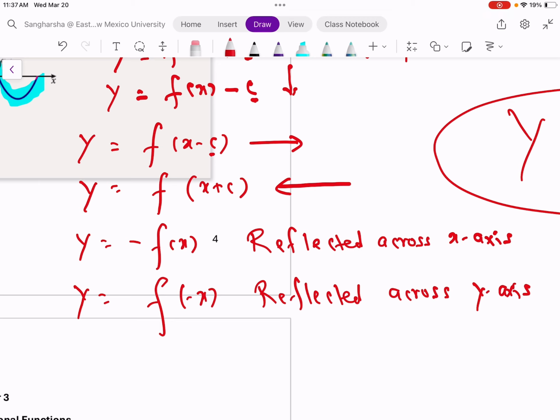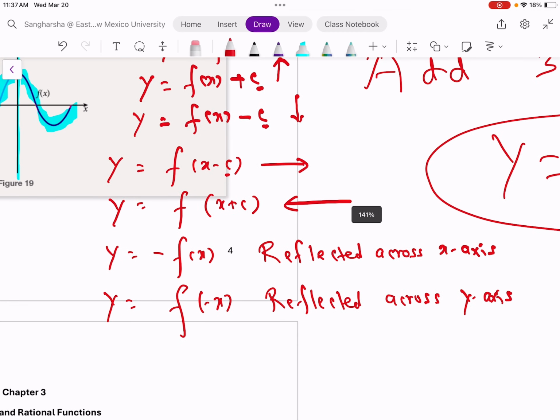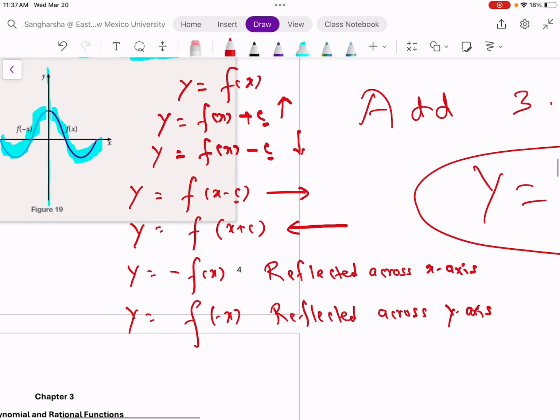Reflected across the x-axis means you just imagine you have a mirror along the x-axis, and reflected across the y-axis means imagine a mirror along the y-axis, and you find the image. So I want you to know at least these transformations, and if you have these, you should be able to do your homework, quiz, or even exam.